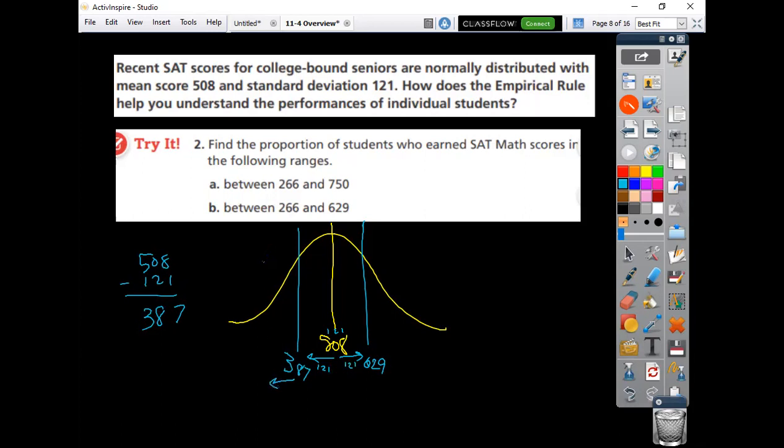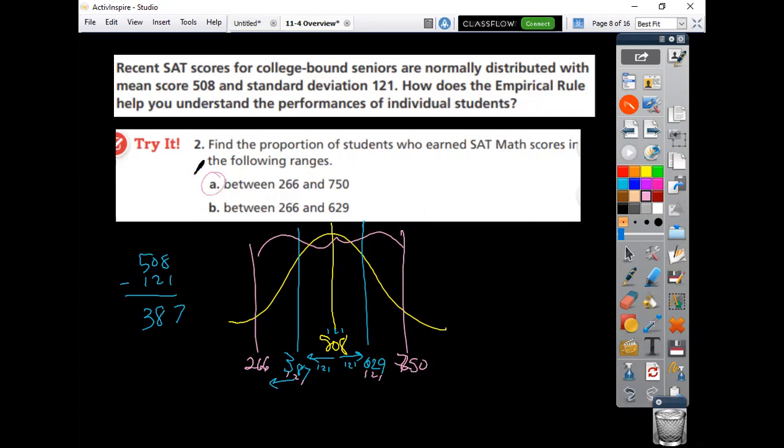121 below that, so when they go out 2 standard deviations, remember that's going to give us 95% of our data between those two. So take out another 121 off from there, it'd be 266. If you go 121 up from here, it would be 750.